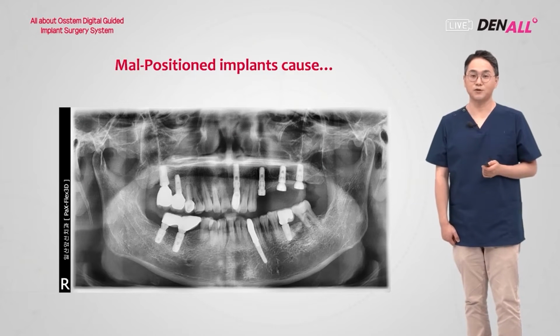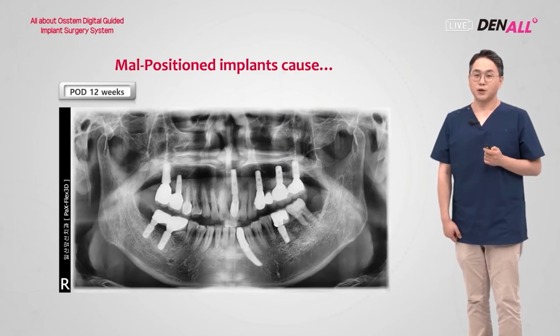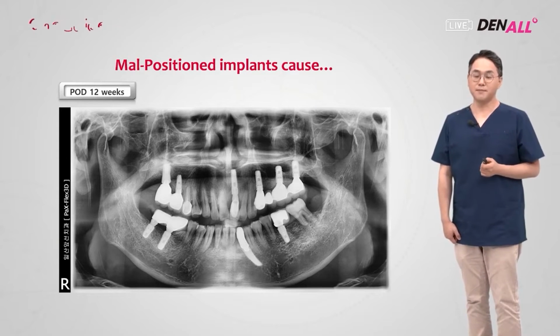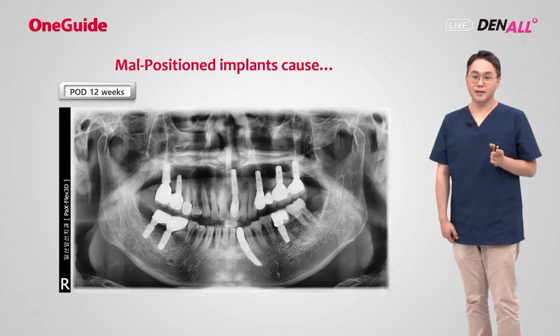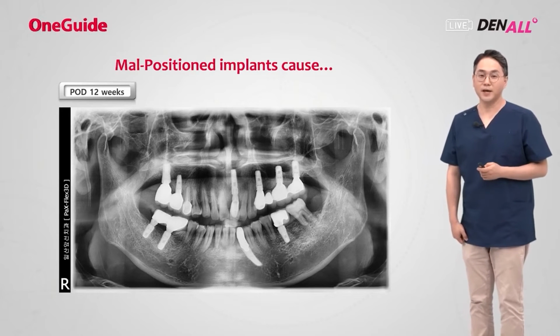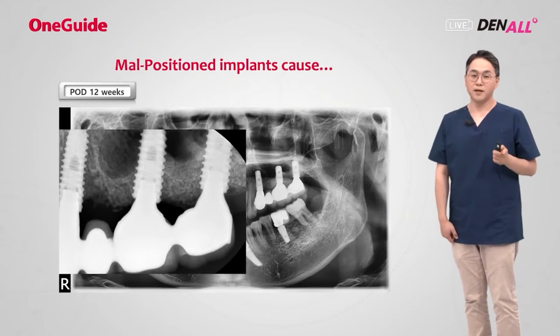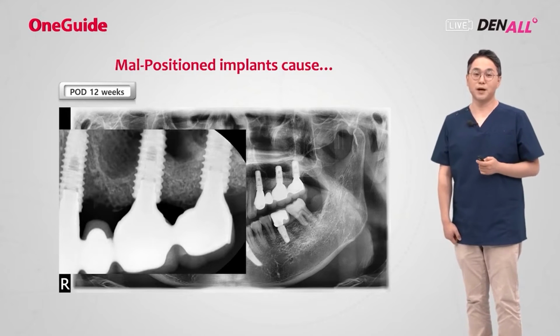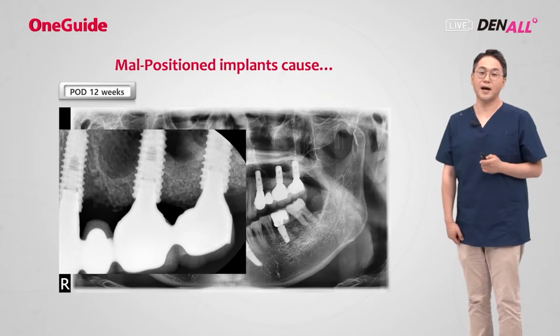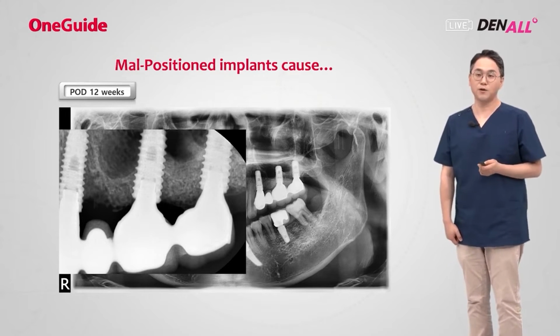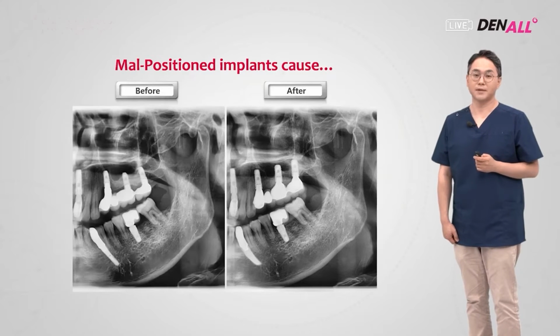Let's look at the panoramic image. Mesiodistally, the implants were placed very nicely after the final prosthesis, so each implant is positioned at the center of the prosthesis. As you can see, the emergence profile is very nice, and the patient has space for self-cleansing, and oral hygiene can be maintained easily.